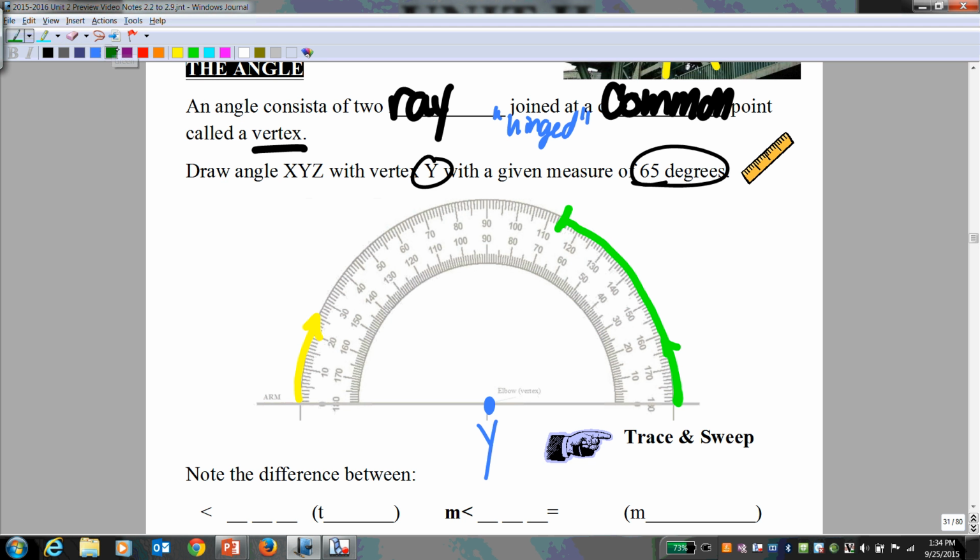Now we're going to draw 2 rays. That's point X. XY one way, and the other way is going to be YZ at the 0 point.